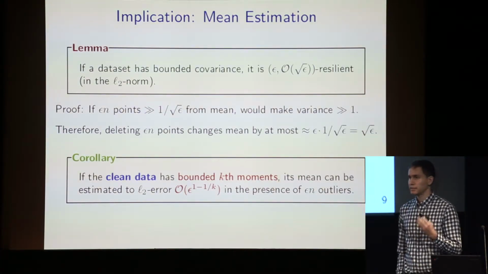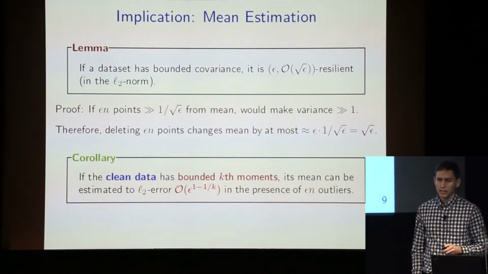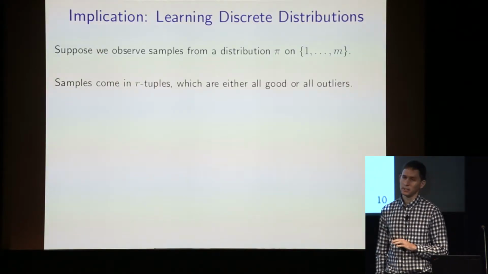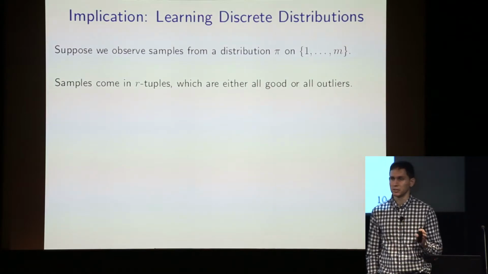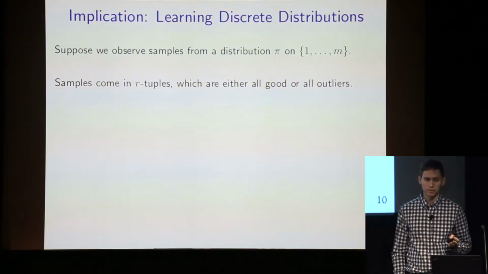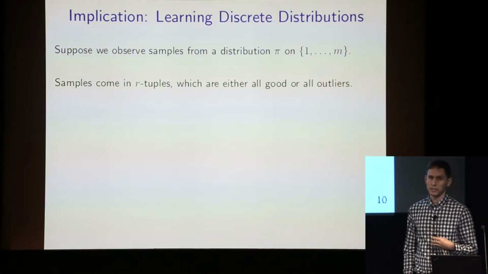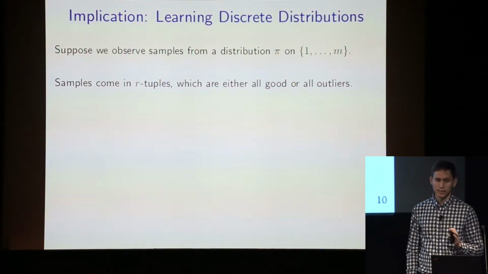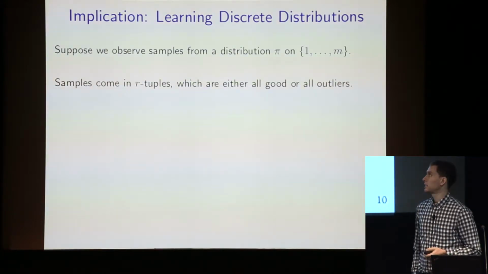But the nice thing here is actually that we can handle any norm we want. And it turns out for some problems, some other norm is going to be more natural. So often in combinatorial settings, the L1 norm is more natural than the L2 norm. So one setting which is going to be covered in much more detail in a couple talks is learning from batches.